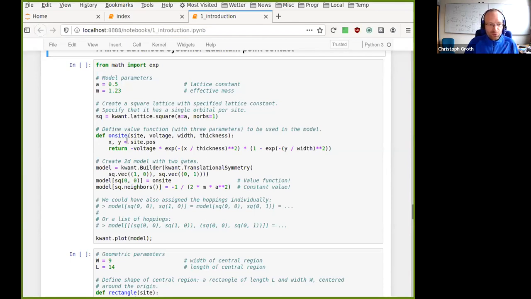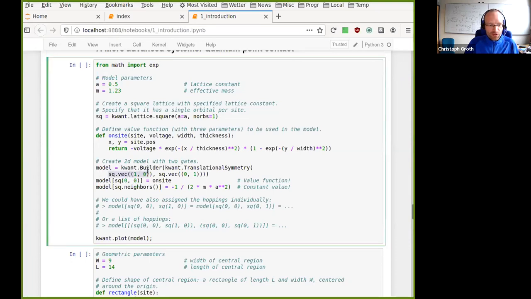So what it will do in this case is, if I call this method, it will return the vector 0.5, 0 because the lattice constant is 1/2. And kwant.TranslationalSymmetry works in real space. You can actually use the same translational symmetry for multiple lattices if they are commensurate in the direction of the translational symmetry.